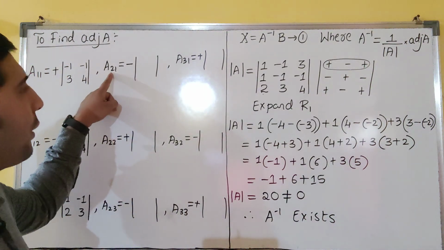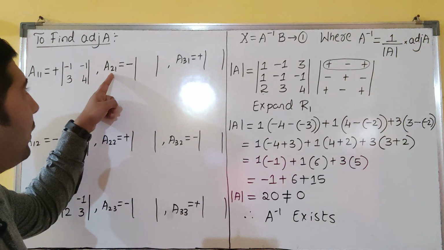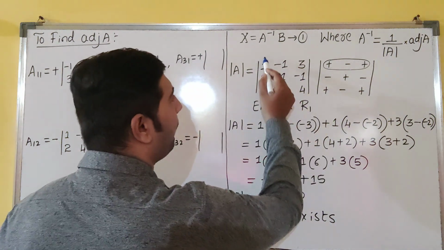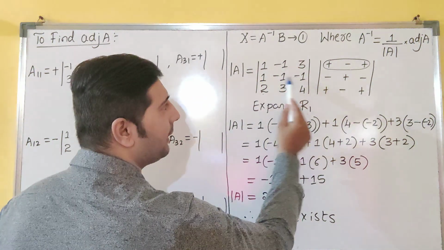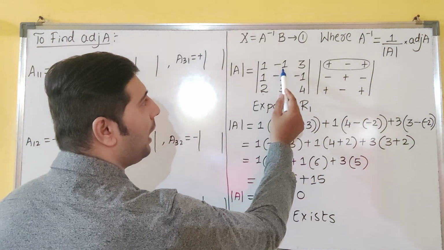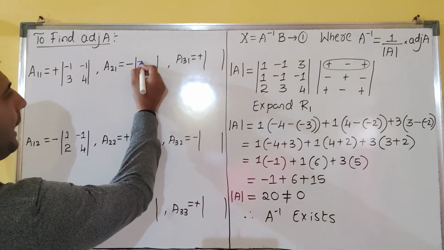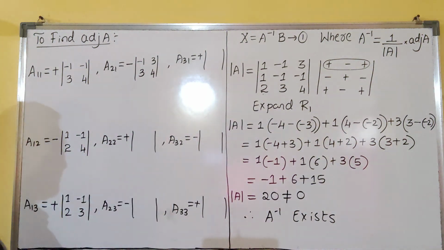Now see, A21. First comes the row and afterwards the column. You have to leave the second row, first column now. See here, second row you leave, first column you leave. What are you left with? Minus 1, 3, 3, 4, dear students. Clear everyone?